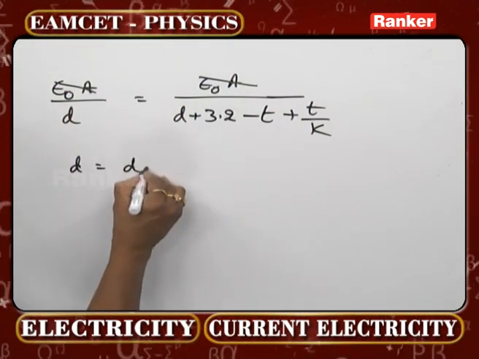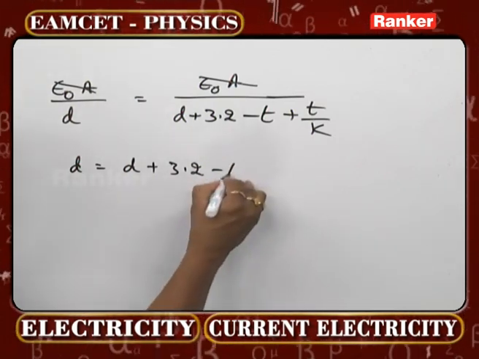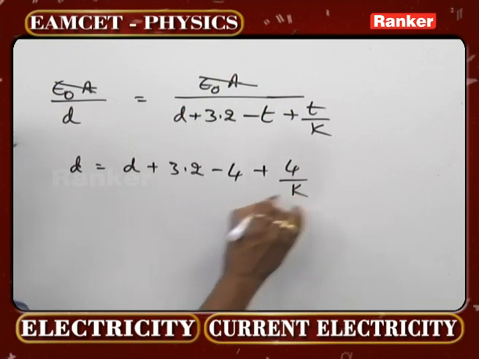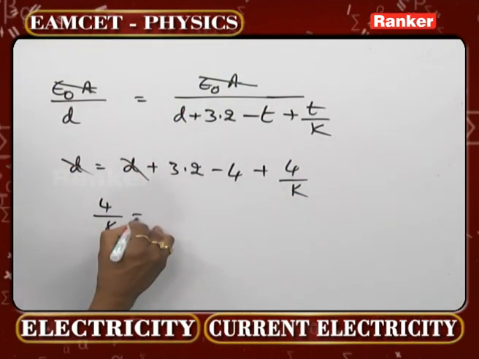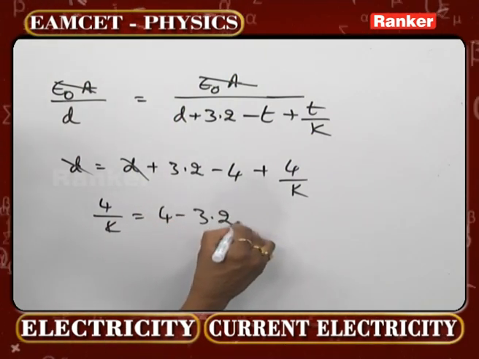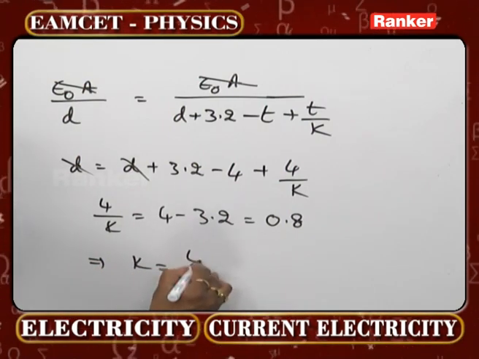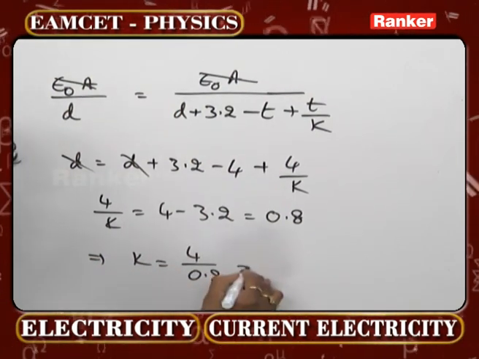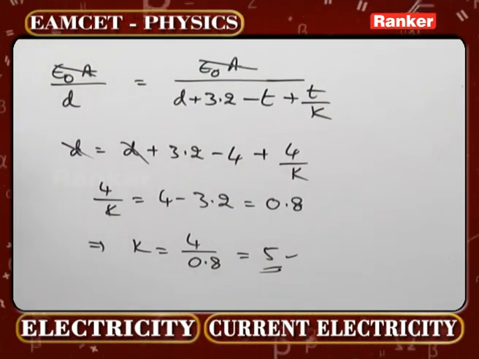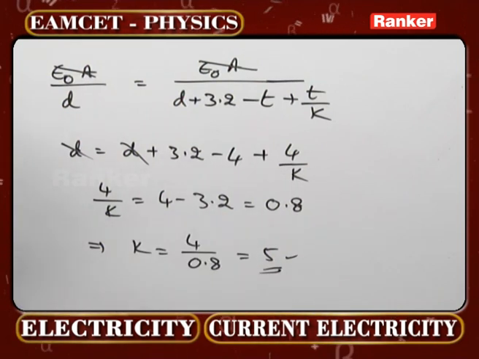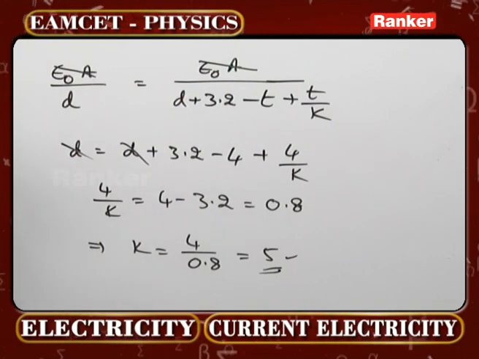D is equal to D plus 3.2 minus, what is the thickness given? 4 plus 4 by K. Now D getting cancelled, what will be left? 4 by K will be 4 minus 3.2, which now becomes 0.8. Then what will be the value of K? 4 by 0.8. 0.8 goes in 4 exactly 5 times. So what will be the dielectric constant of the medium there? It should be 5. So third option is going to be correct option for this problem number 10.